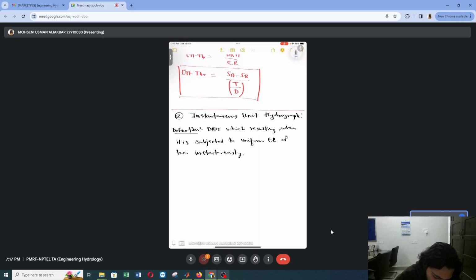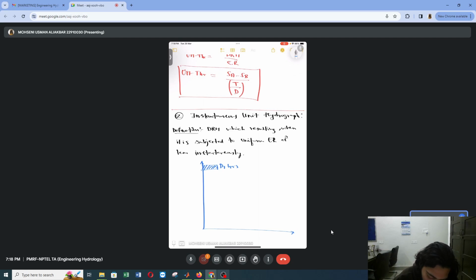Now let us see the concept here, right? Let us say we have an effective rainfall of D1 hours, and the time duration D1 is very less.